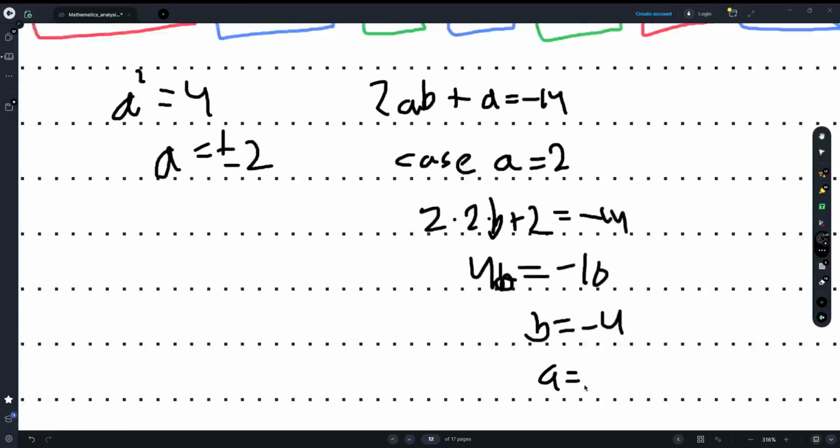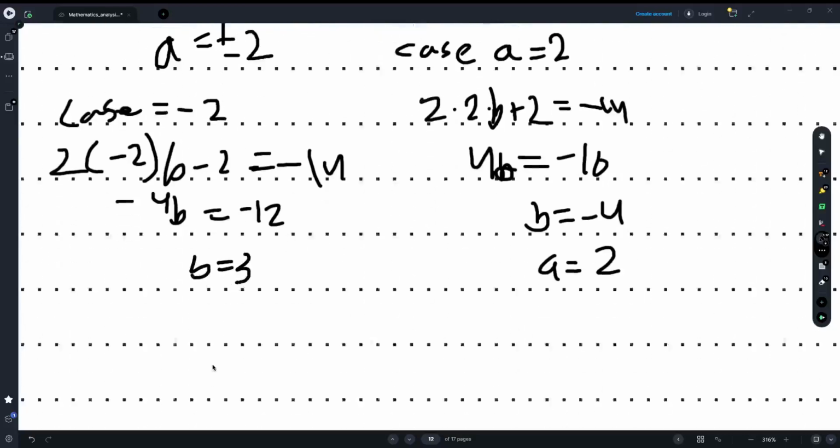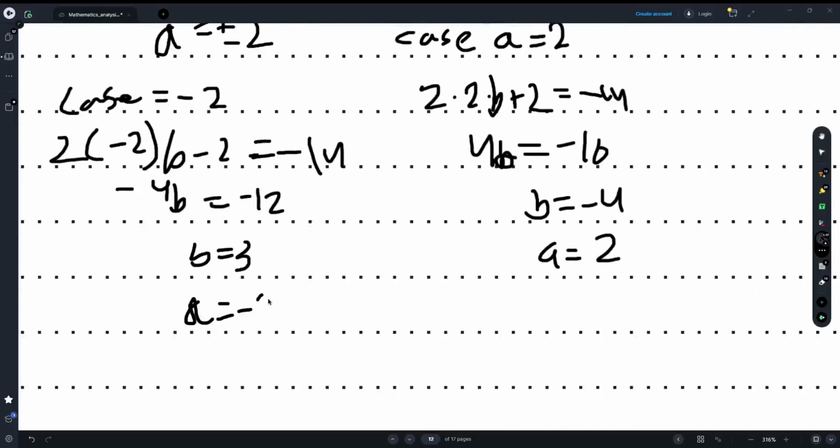And then the case where a is equal to negative 2, we have minus 2 times b minus 2 is equal to minus 14. So minus 4b is equal to, add 2 to both sides, that's 12. b is equal to 3 when a is equal to minus 2.